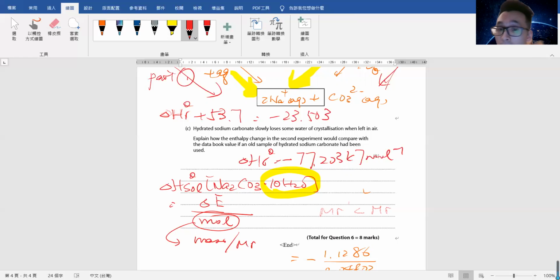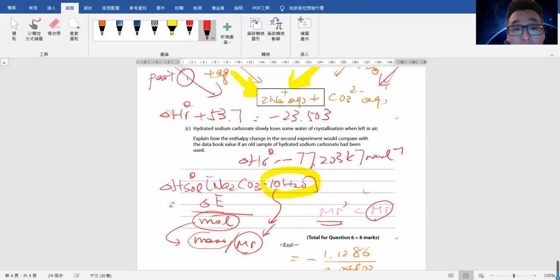Do you agree? The actual one, which means your MR is actually smaller than the MR you use in the calculation, because you consider it as 10 water when you work out the molar mass, right? But in reality, it is less than 10 because some of them is lost. So the MR you use in the calculation is bigger than the actual one. So take a look here.